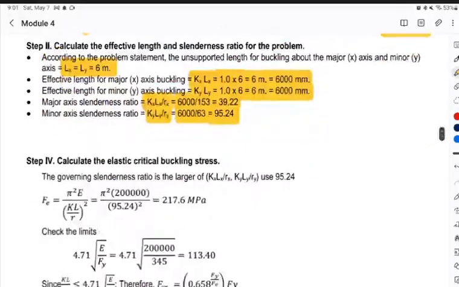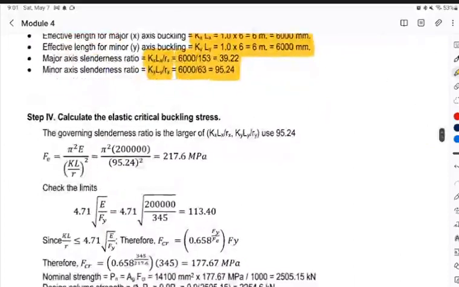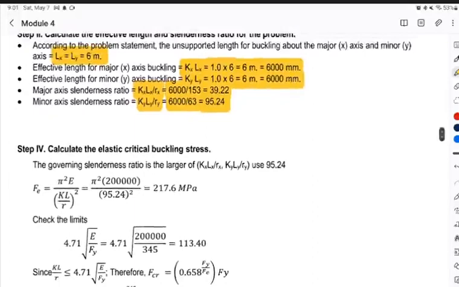After that, you calculate the elastic buckling stress. So sabi niya, tandaan niyo, the governing slenderness ratio is the larger of the slenderness ratio along the major and minor axis. So ano bang yung mas malaki? If you look, we have 39.22 for the major axis and 95.24 along the minor axis.